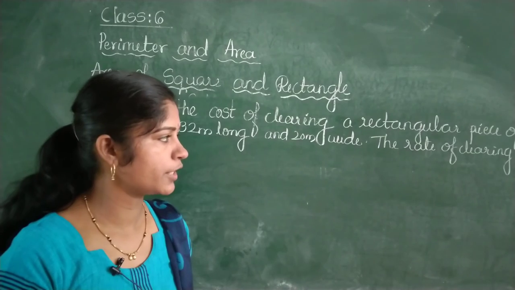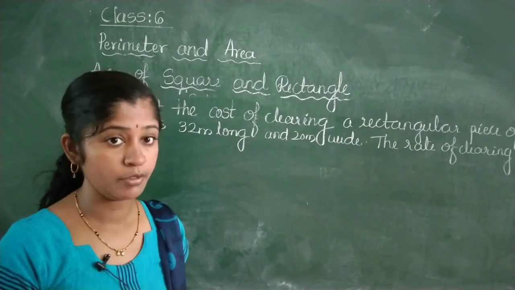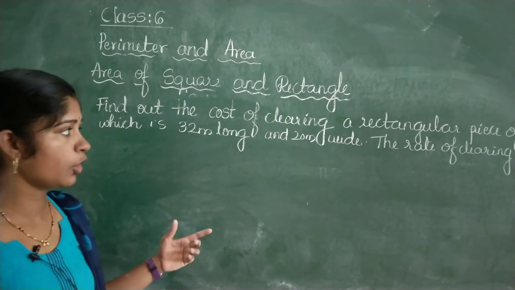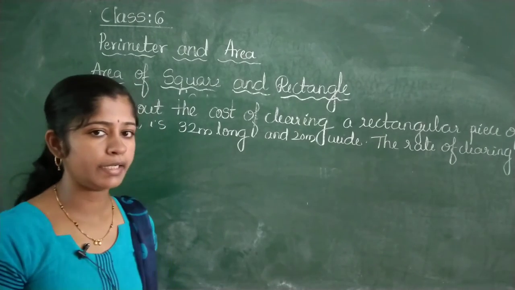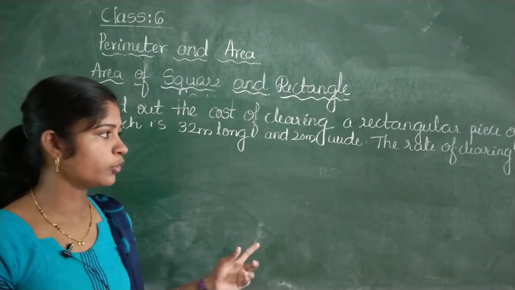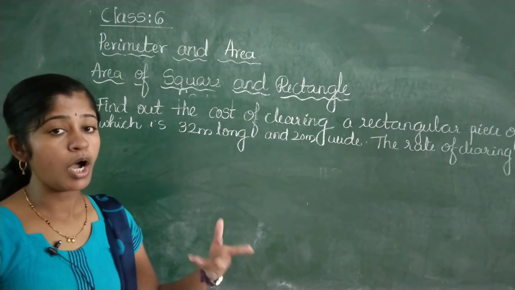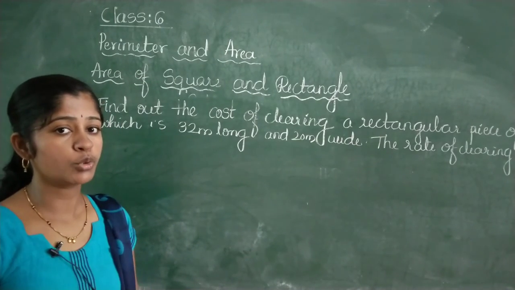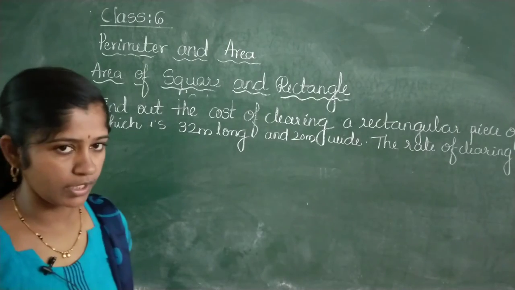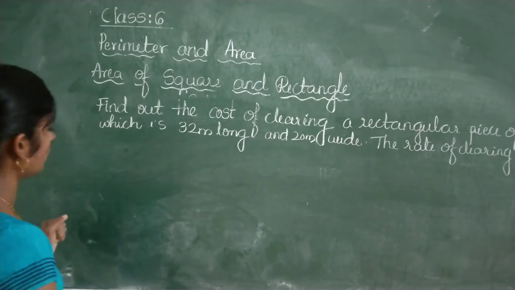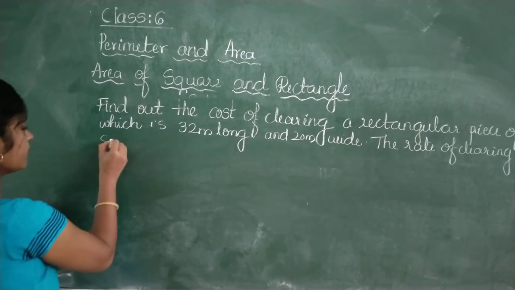The rate of clearing is 2.25 per square meter. First you have to find the area of the rectangular field, and whatever area you get, you multiply with 2.25 rupees and you come to know how much money you have to pay to clear that rectangular field. Okay, so write the solution.